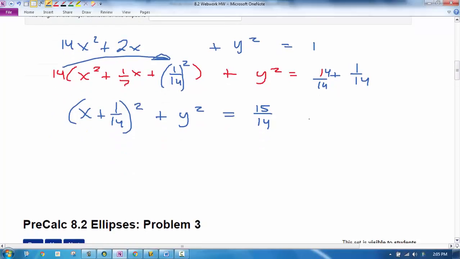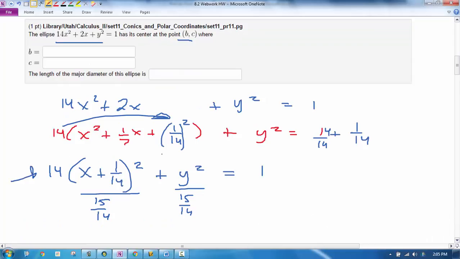And I'm almost there, but I want to get a 1 here because standard form for an ellipse has a 1 there. So I'm going to divide by 15 over 14 from both sides. So that 14 is still there. Forgot to write that. And then instead of dividing by 15 over 14, I'm going to multiply by 14 over 15.